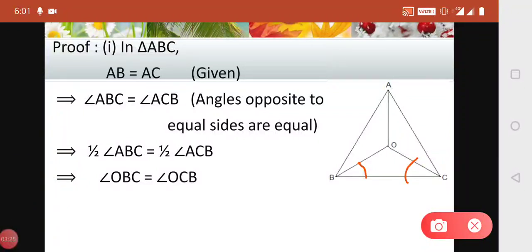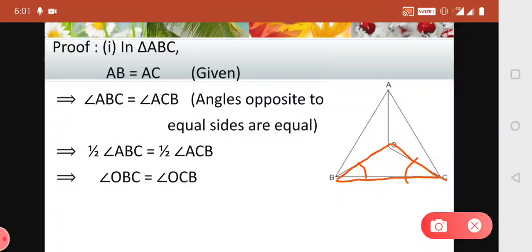Now when these both angles are equal, in triangle OBC, this is our triangle OBC, these two angles we have proved are equal.